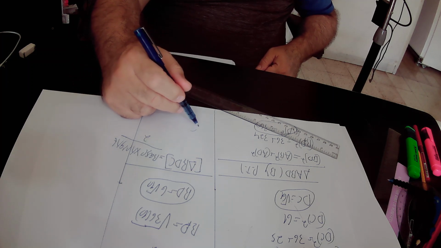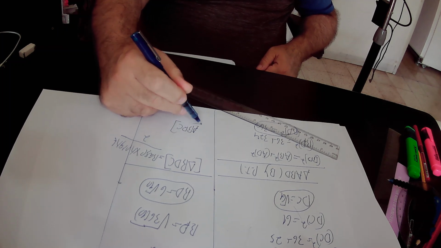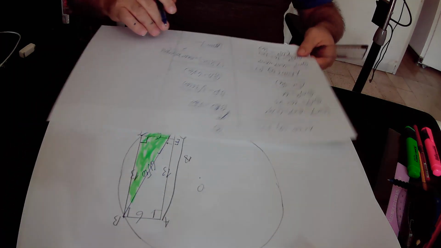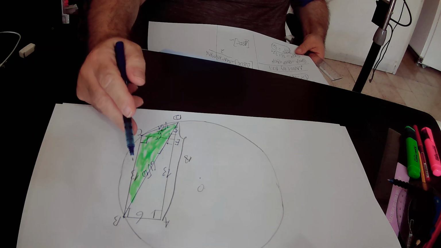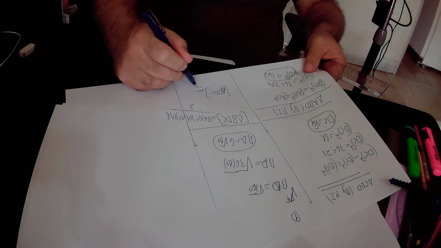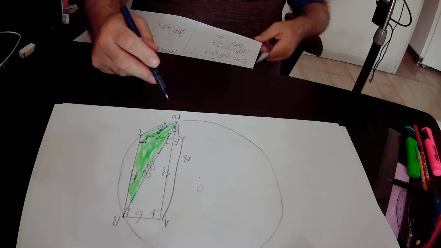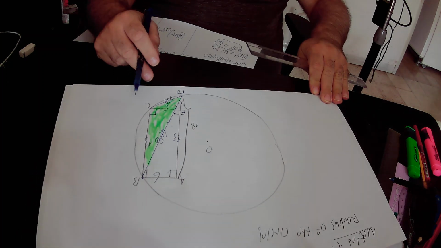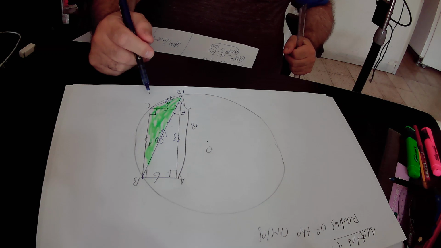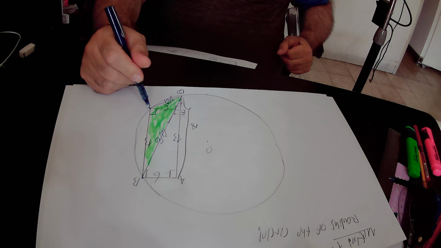So the area of the green triangle BDC equals the base. We will choose the base as BC. So the base equals BC times the height. Again, the height must create 90 degrees with the base BC. So B is on BC, C is also on BC.